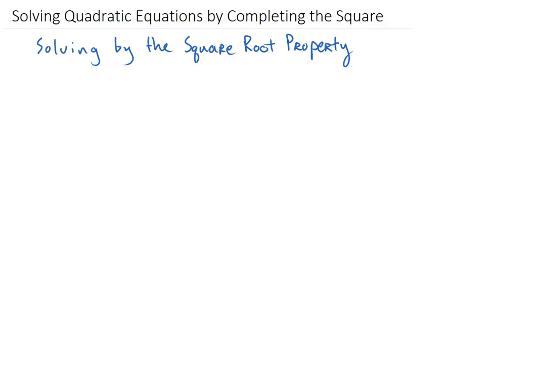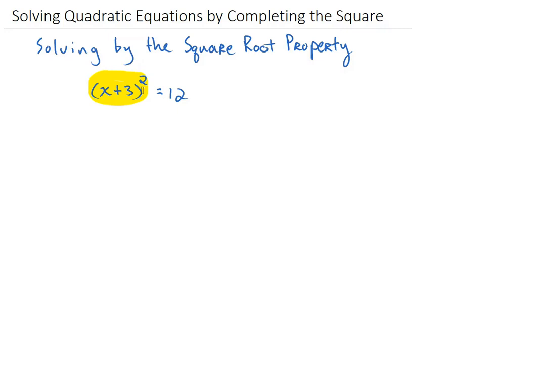We use this on equations that were set up like the quantity of x plus 3 squared equal to 12. In other words, the square root property is really good for when we have these squared pieces like this, and then they can equal out to a number.